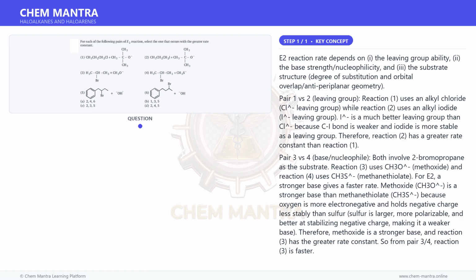Pair 5 versus 6, substrate structure. Reaction 5 involves a substrate where bromine is on a non-benzylic secondary carbon, beta carbon to the phenyl group, while reaction 6 involves bromine directly on the benzylic carbon. For E2 elimination, the transition state is stabilized when the developing double bond is conjugated with the phenyl ring.